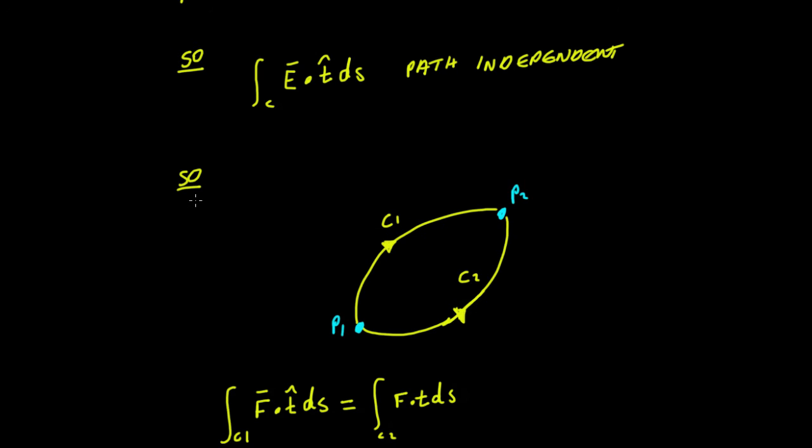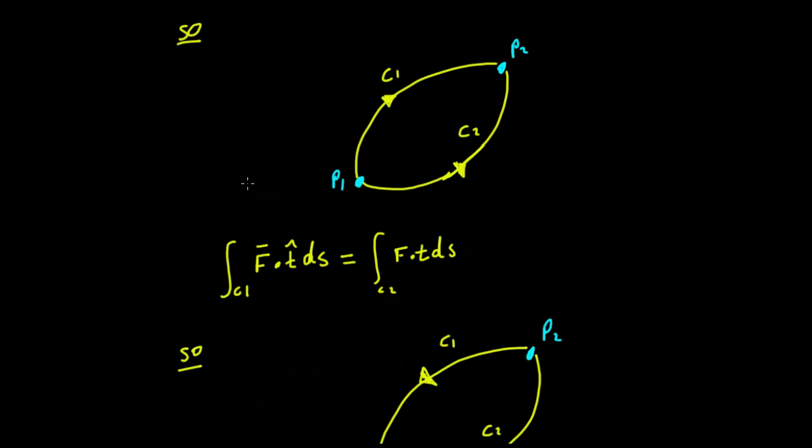So it means that we could draw out, say, 2 points P1, P2. We can draw 2 paths, path C1 and path C2. And we can say that the value of the line integral is the same along that path as along that path. So we can write the integral over C1 of f dot t is going to be the integral over C2 of f dot t.